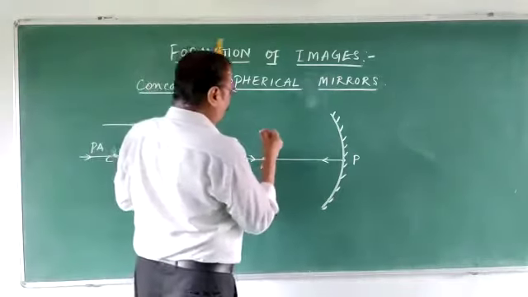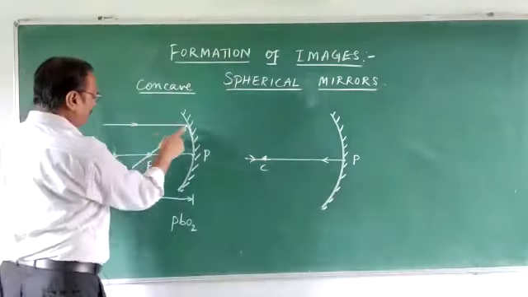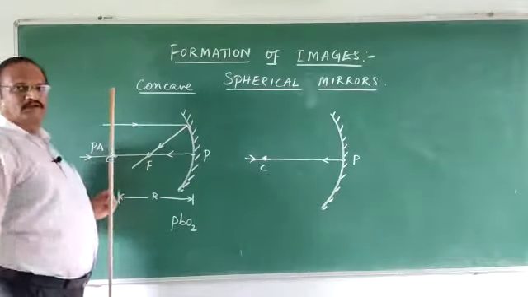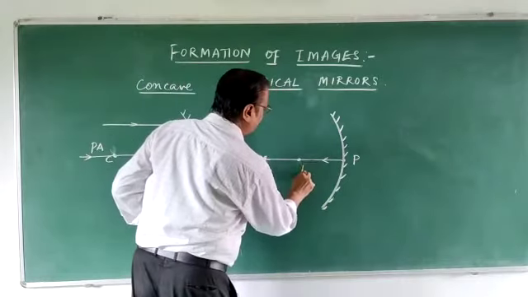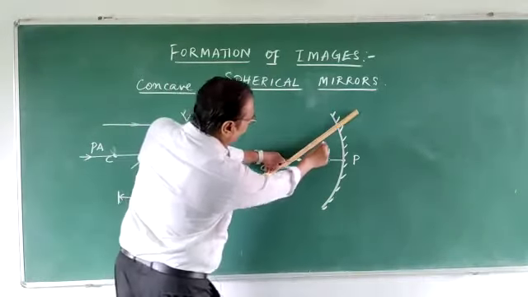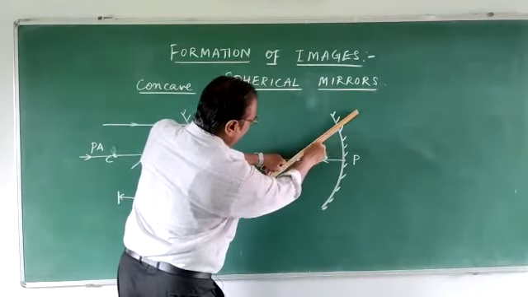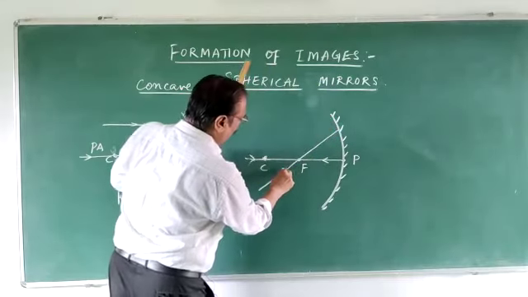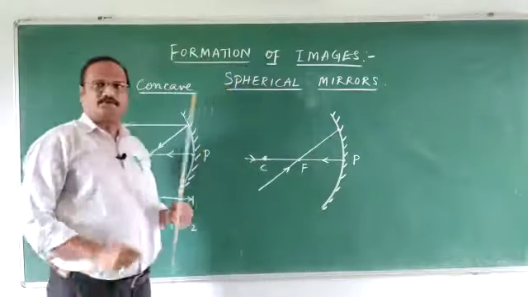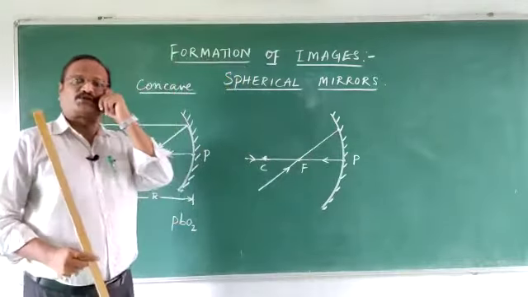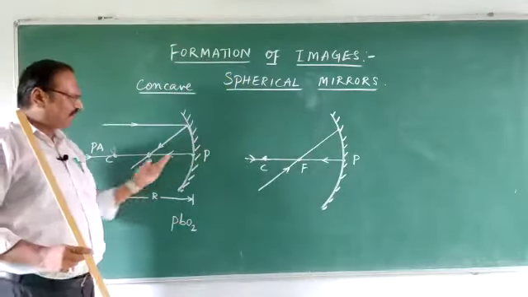Now, the first ray is a ray which is parallel and will pass through the focus. Suppose this is the focus, and a ray passes through the focus and is incident on the mirror. What should happen? The reverse will happen.